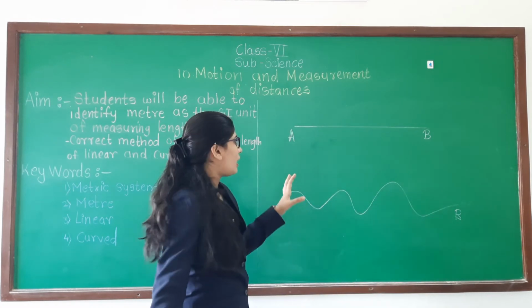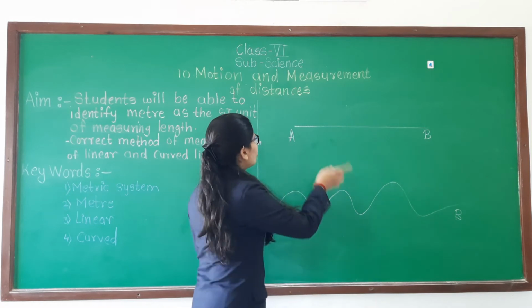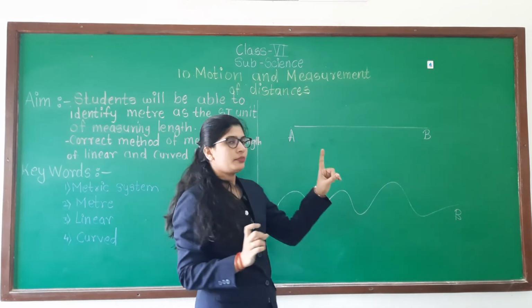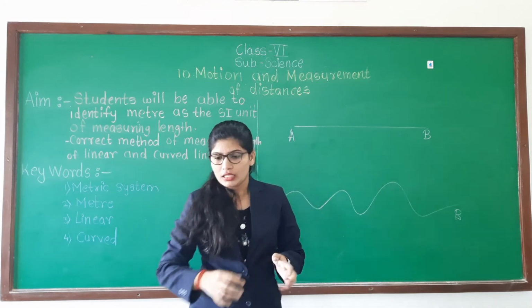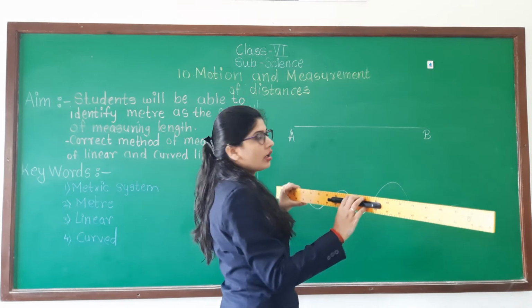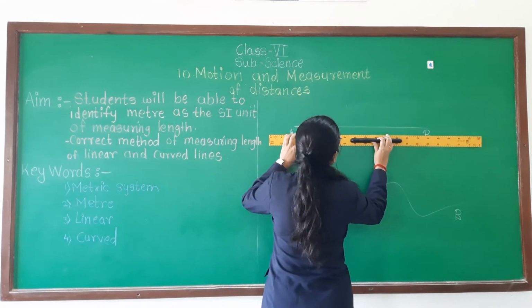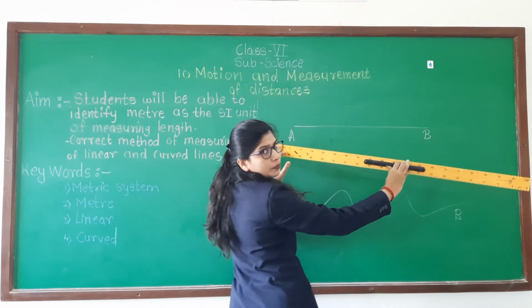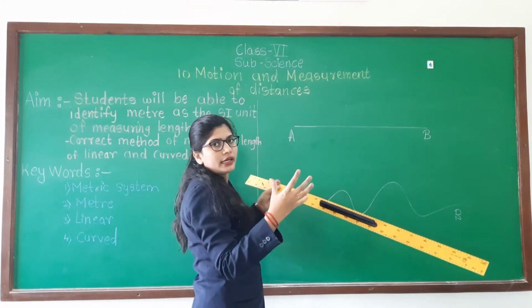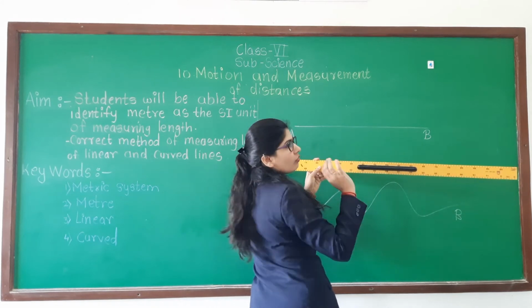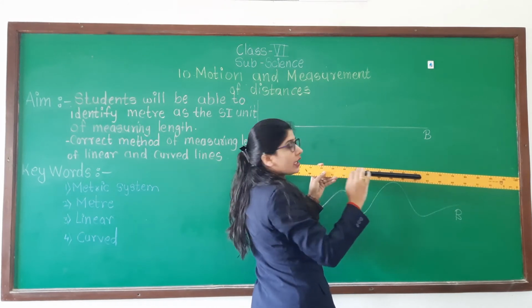Now if I tell you to measure the length of line AB, some students keep the scale like this. Now see, I am taking from 0. The broken part and all, we will see afterwards. Now just see, you have a scale. What is the correct method?